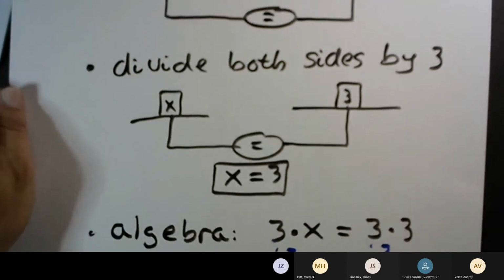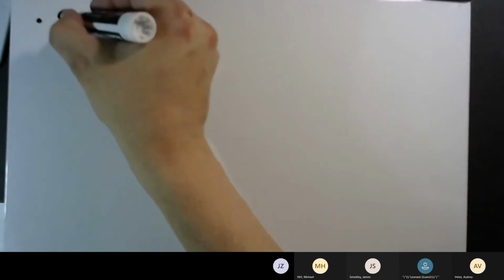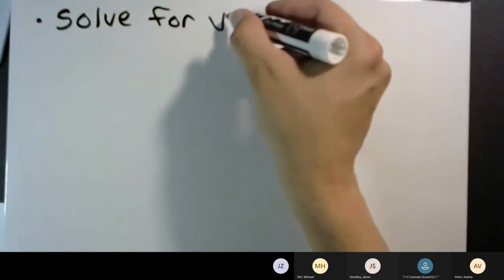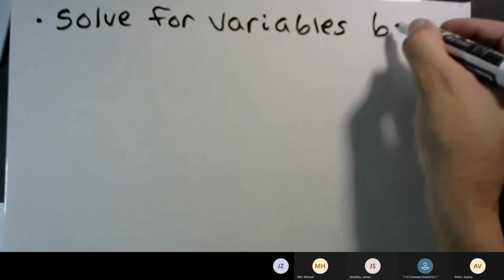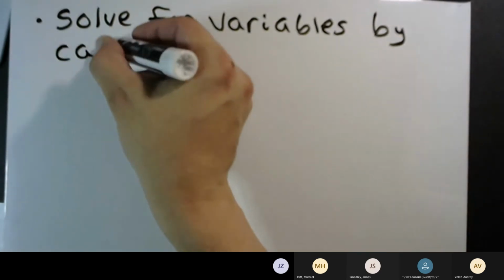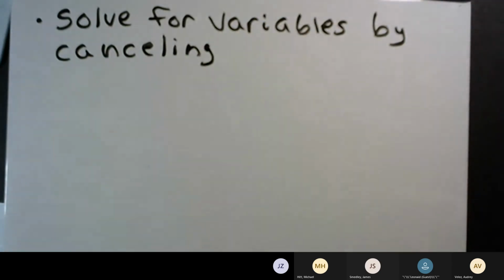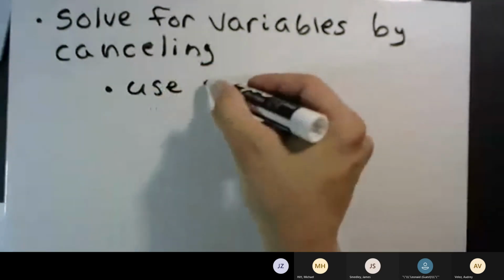So let me give you the full story here. The way we solve for variables, we solve by canceling. And the way we cancel is we use opposites.